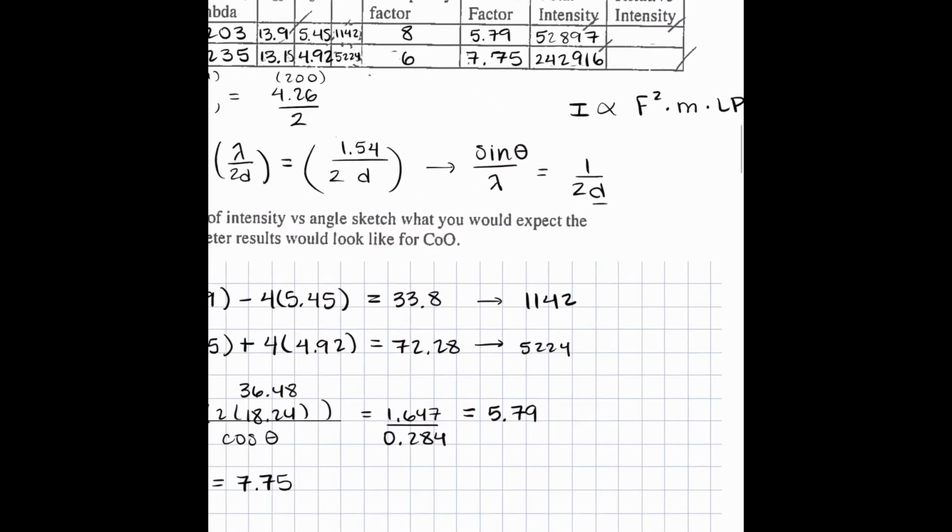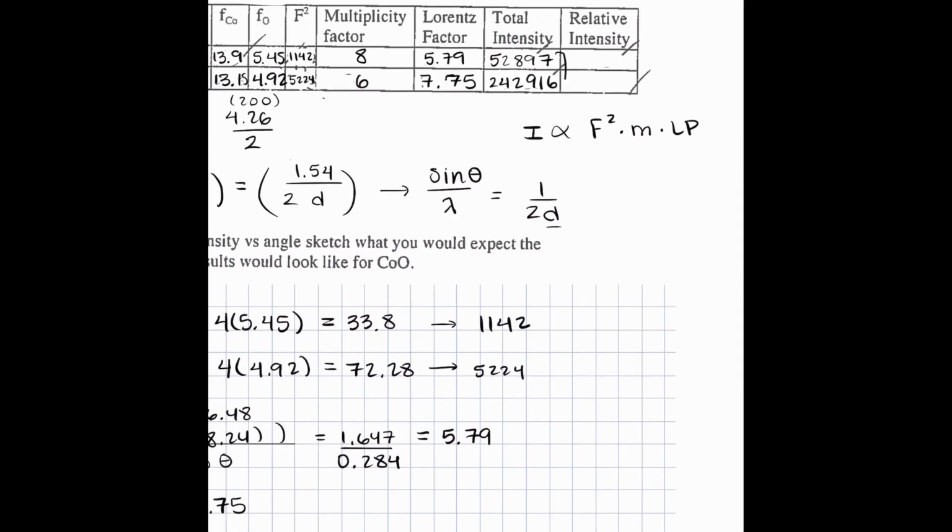All right, so we found the total intensity. Our relative intensity is just these two values divided by the smallest. 52,000 is smaller than 242,000, so we're going to divide everything by 52,000.